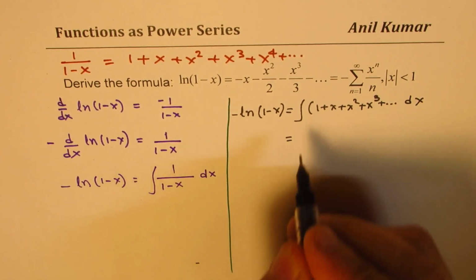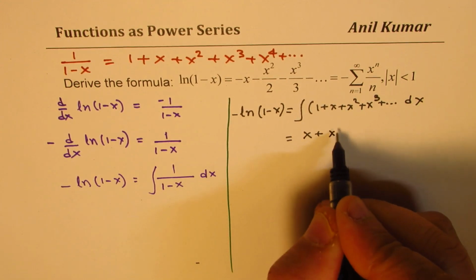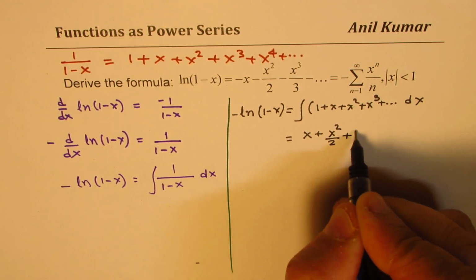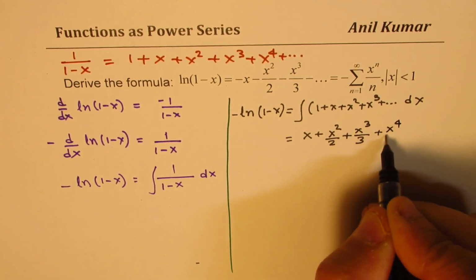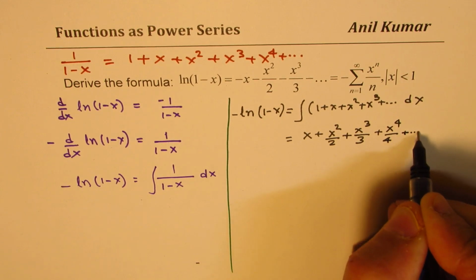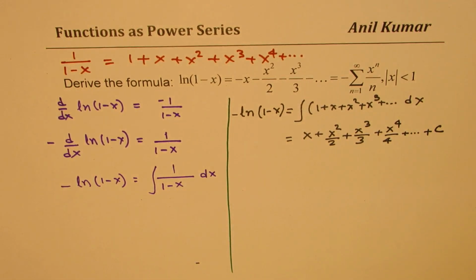So that is equal to, using the integral power rule, x plus x squared over 2 plus x cubed over 3 plus x to the power of 4 over 4 plus so on, and plus a constant c. That is what we get. Now to find the value of c, what can we do?